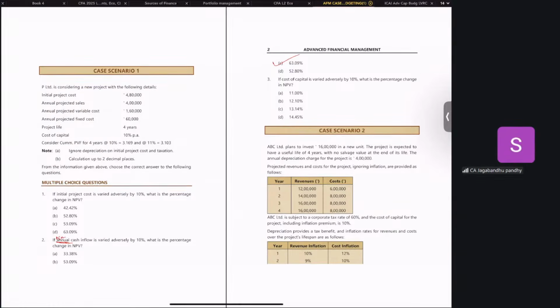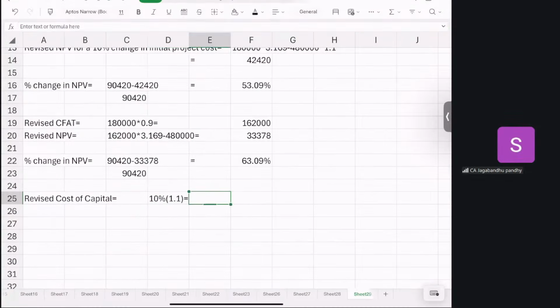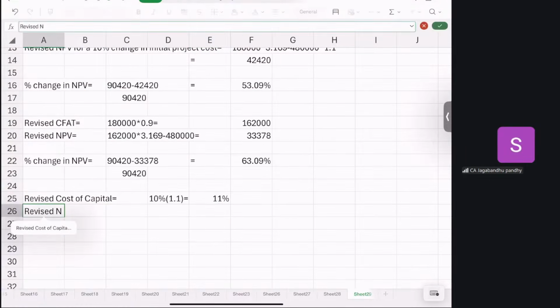The cost of capital is changed adversely by 10%. So the revised cost of capital will be 10% into 1.1, which is 11%. So we calculate the revised NPV using this 11%.